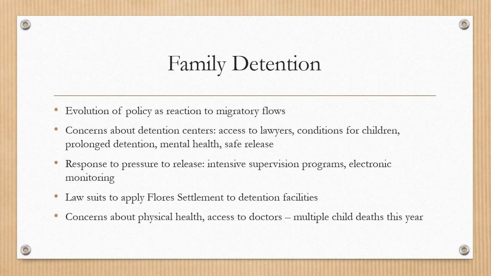The response of the government to pressure to release families has been intensive supervision programs in communities of destination. So, intense monitoring, check-ins with immigration officials or subcontractors of immigration officials, and electronic monitoring. So ankle bracelets, GPS trackers, etc.